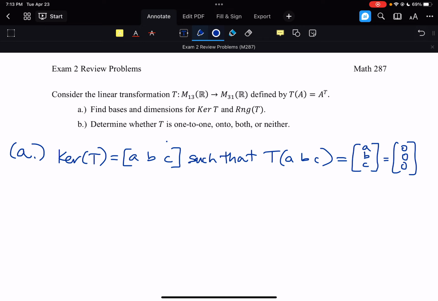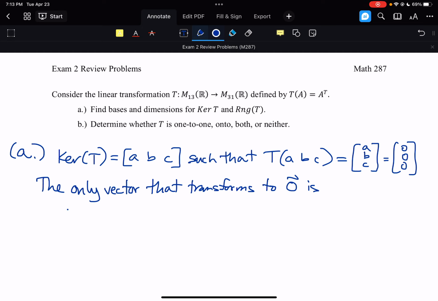There's no other way to make these 0. So the only vector that transforms to 0 is the kernel of T, 0, 0, 0.